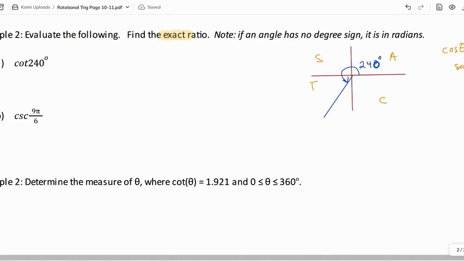What can you say about the sign of both of these? Positive. If cosine is negative 1/2, then I'd get 2/-1. So the reciprocal ratios always have the same sign. So the CAST rule applies.